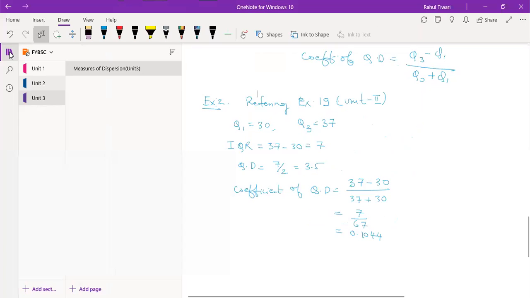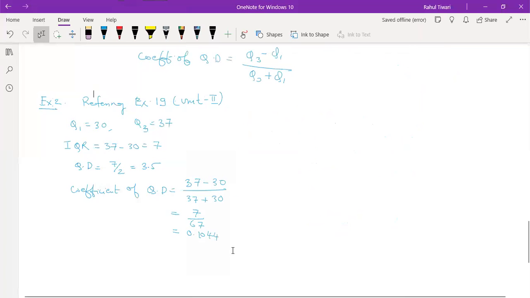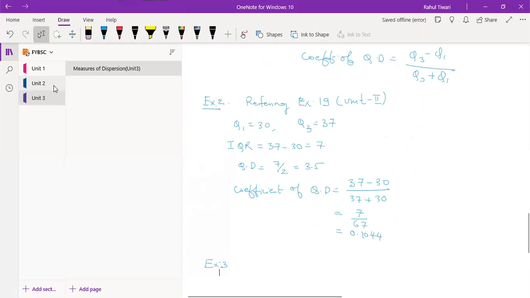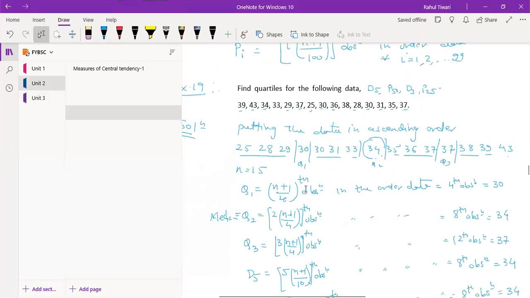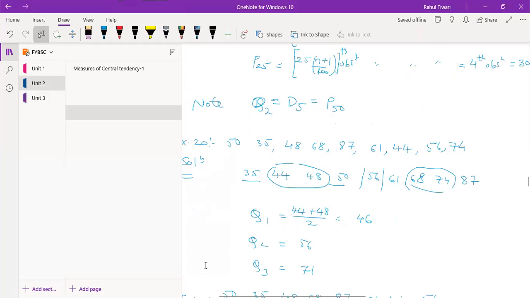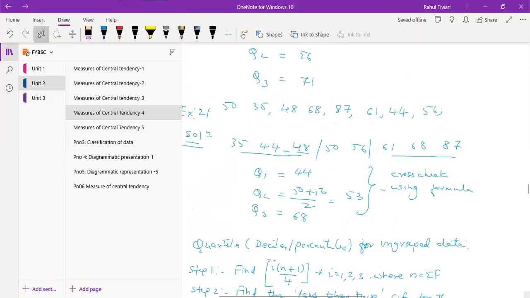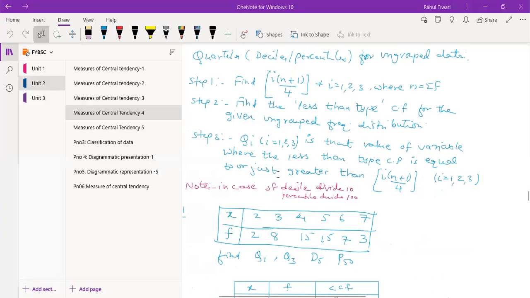Okay, so this is one example. I can consider another example, example number 3, again from unit 2 only. So 19th we have taken; you can consider others, see there are several examples.